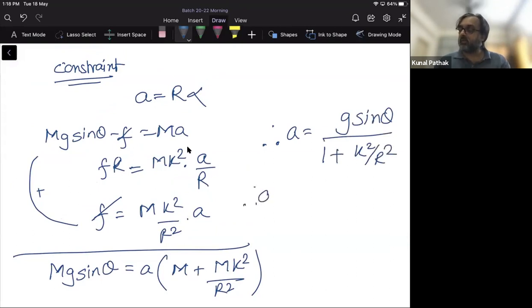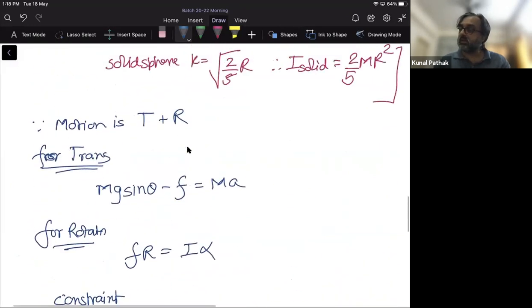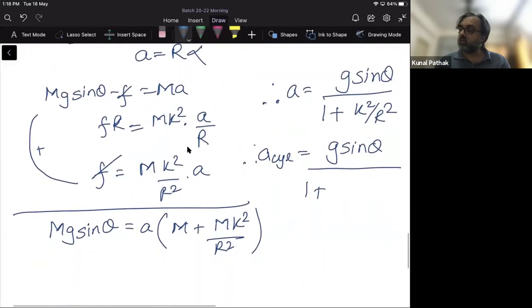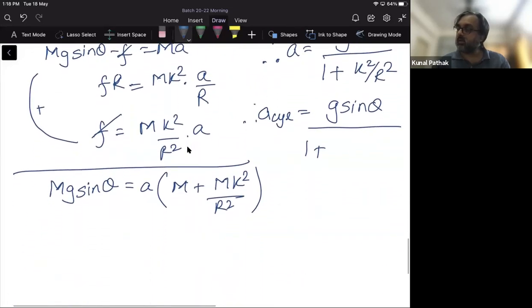So the acceleration of the cylinder will be g sin theta upon 1 plus k square by r square, and for a cylinder k is r by root 2, so this will be 1 by 2. So this will be 2g sin theta by 3.